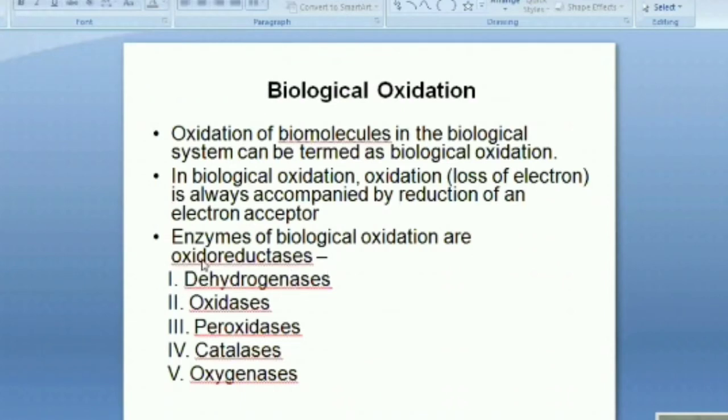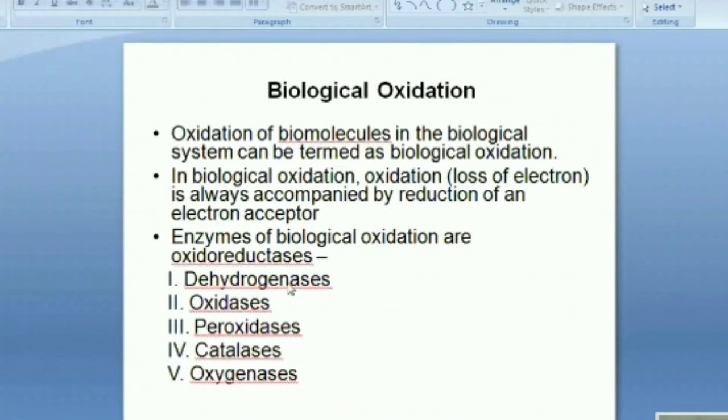and this requires some enzymes. They are called oxidoreductases: dehydrogenases, oxidases, peroxidases, catalases, oxygenases. These oxidoreductases function in oxidation as well as reduction.